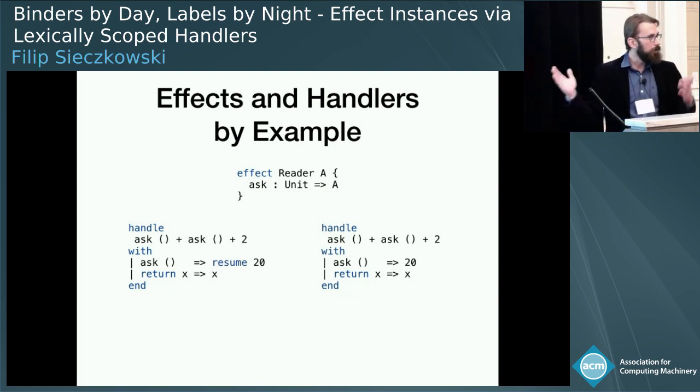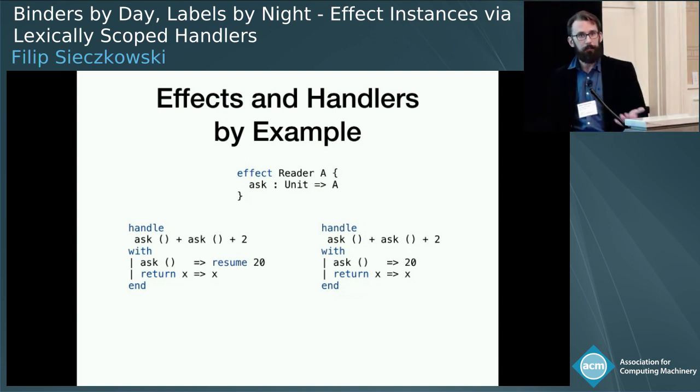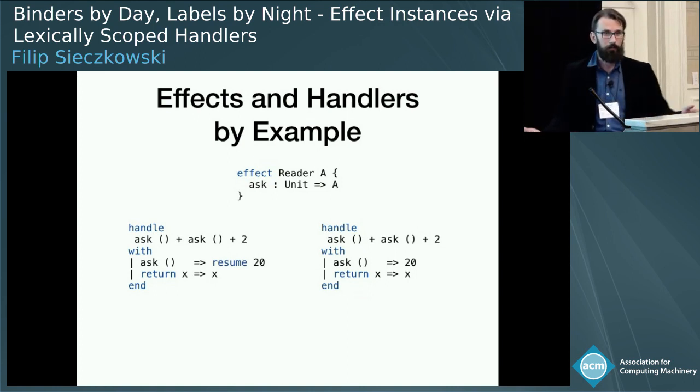So in the end, this piece of code behaves much more like a handler for an exception than a handler for asking the environment for a value. We can also do stuff like that. We can resume multiple times. We generally have access to the resumption as a value, which gives us the full power of programming with continuations.